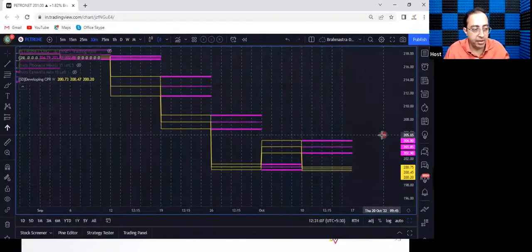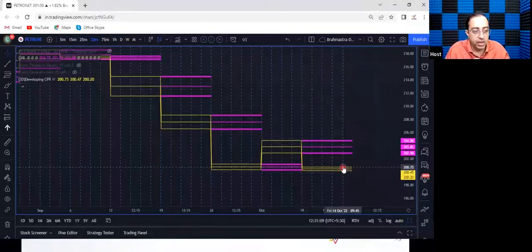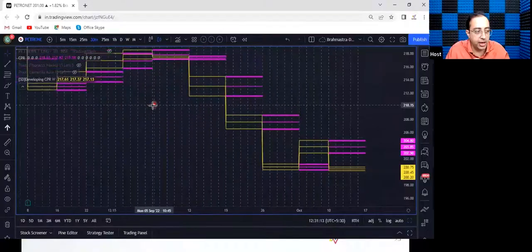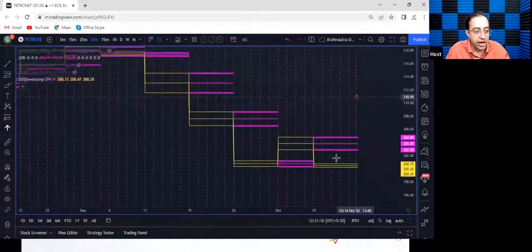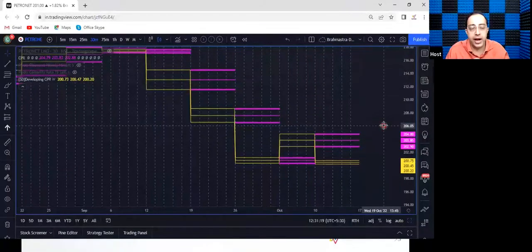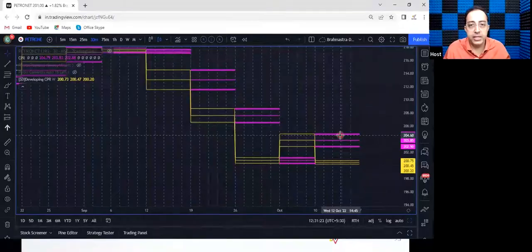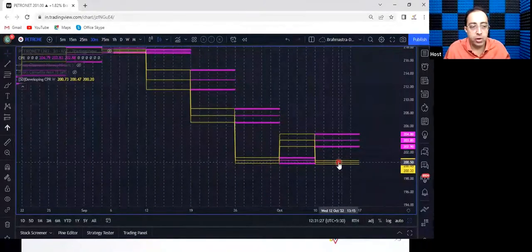It will be simplified. So you can see here now, this CPR is the narrowest in the last 7. Is it the narrowest in the last 7 trading sessions? Then that is the one which you can track. Okay, clear till here? Purple is the one for the current week. Yellow is the one for the forthcoming week.